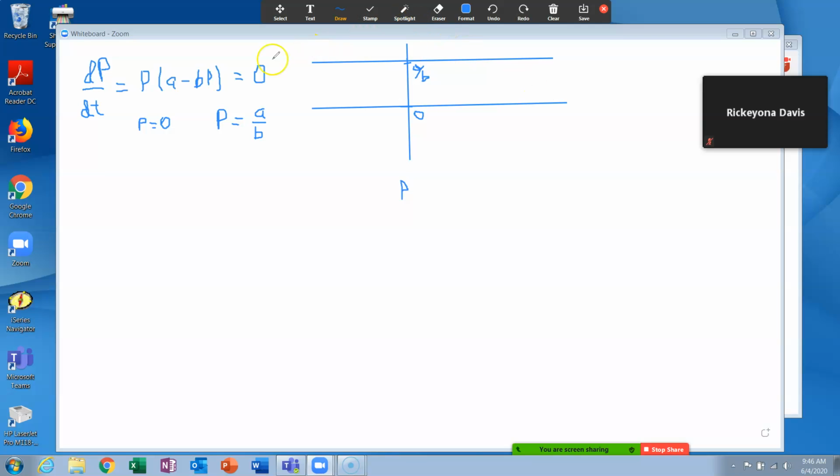Okay. Now, when a is greater than bp, this is going to be a positive number. Okay. When a is less than bp, this is going to be a negative value.